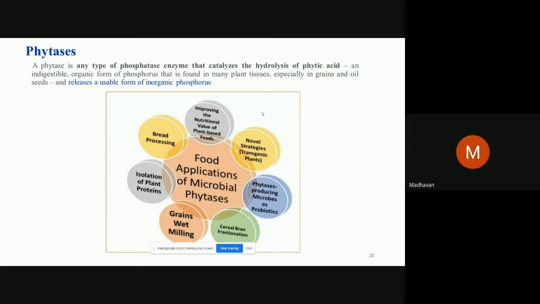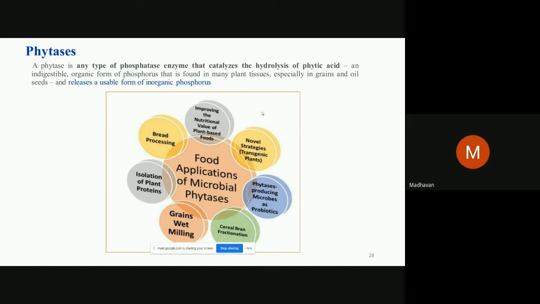Then the phytase. It is a type of phosphatase enzyme that catalyzes the hydrolysis of phytic acid. Phytic acid is an anti-nutrient. It is not good for many monogastric animals, piggeries, and poultry; they are not able to digest phytic acid. So we need to release the usable form of inorganic phosphorus, and for that we use the enzyme called phytase.